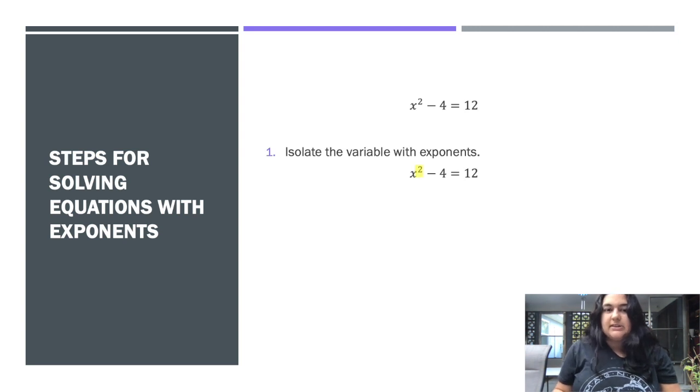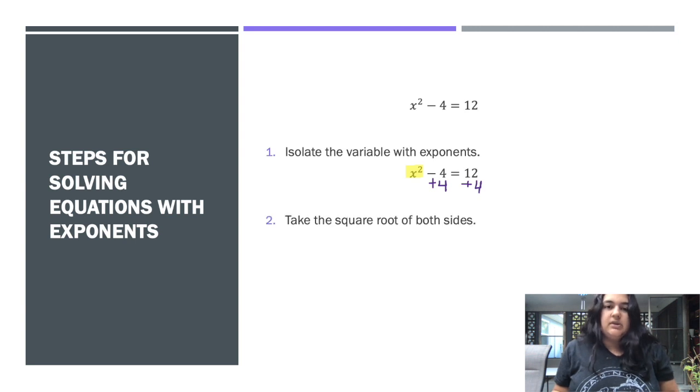Okay, I want this guy, so that means anybody who's not with my x needs to leave, like now. So I'm going to add 4 to both sides, so the 4s cancel, right? And then I'm left with x squared is equal to 12 plus 4, which is 16.